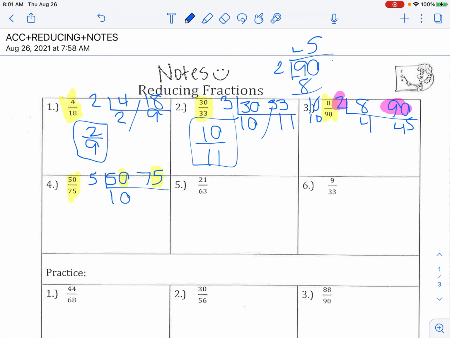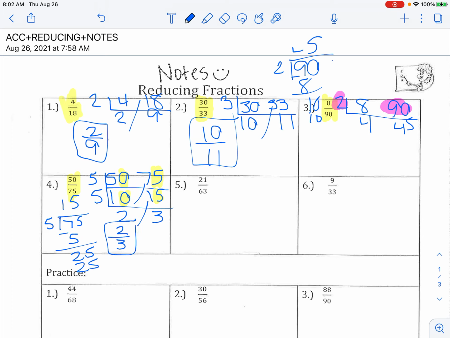I'm not sure what 75 divided by 5 is, so I'm going to come down here and figure it out. 5 goes into 7 once, that's 5, and 5 times 5 is 25, so 75 divided by 5 must be 15. Now, those still end with a 0 and a 5, so I'm going to have to divide again by 5. 10 divided by 5 is 2, 15 divided by 5 is 3. Put your fraction bar, write your answer as a fraction. So that's going to reduce to 2/3.